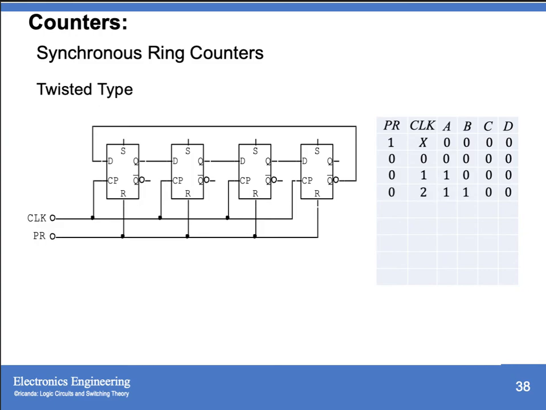Then your second clock pulse. Your D has a value of 0, since the input at your A is connected to the complemented output of your D. Therefore, your A has a value of 1 again.